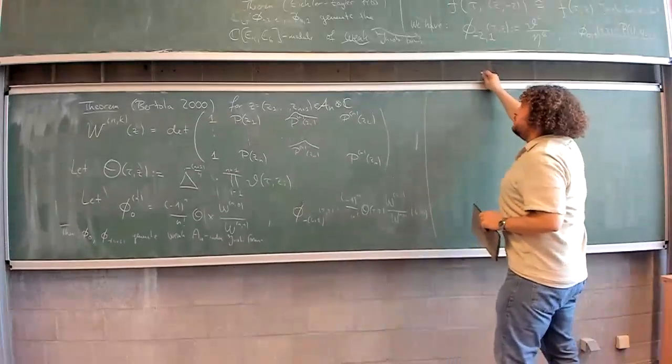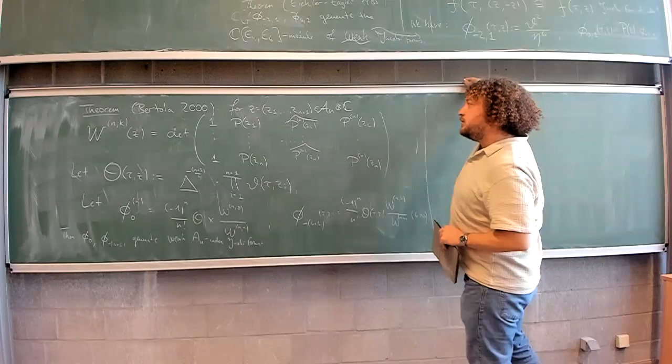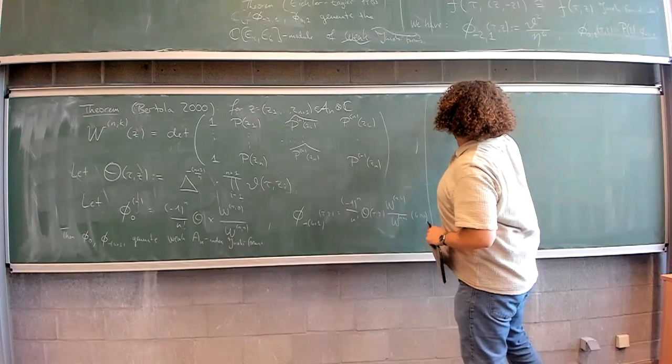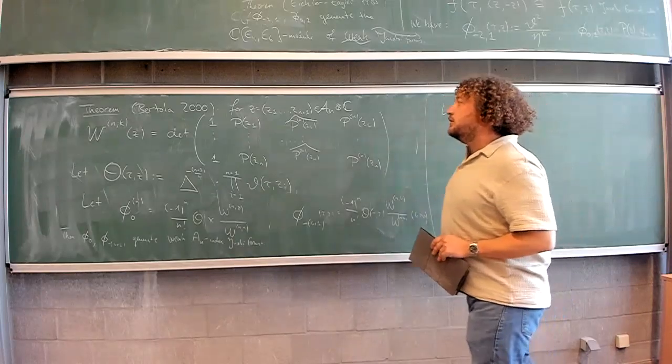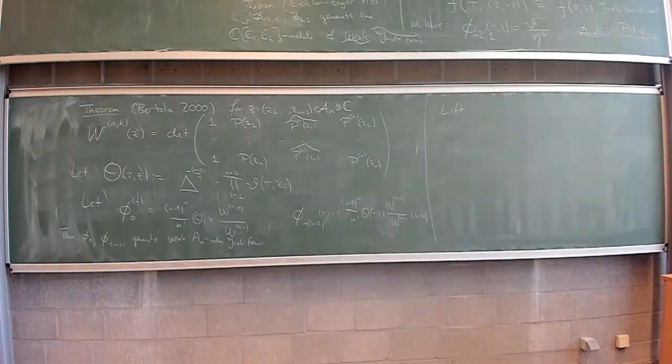So there's a lift to modular forms on orthogonal groups. I want to be a little bit vague about that, since if I say too much about this, I'll run out of time.